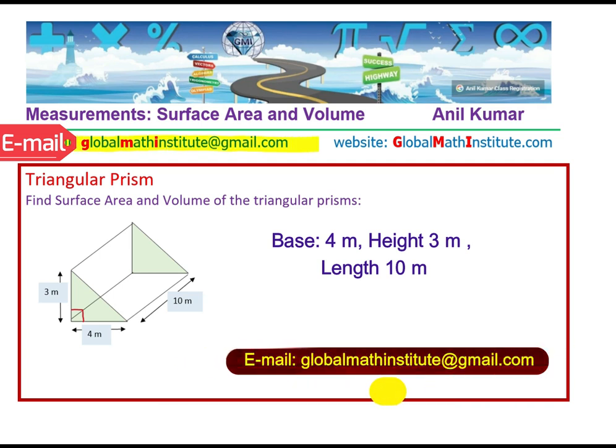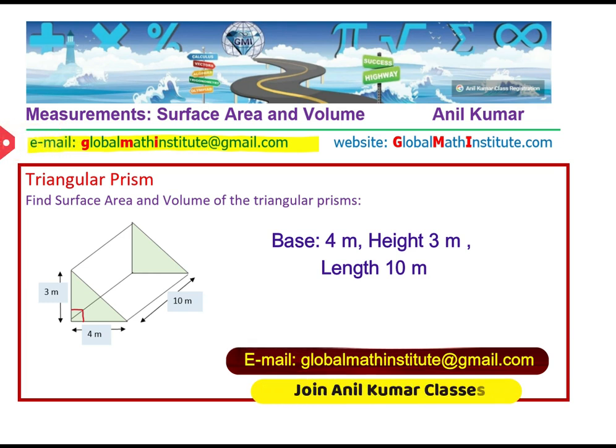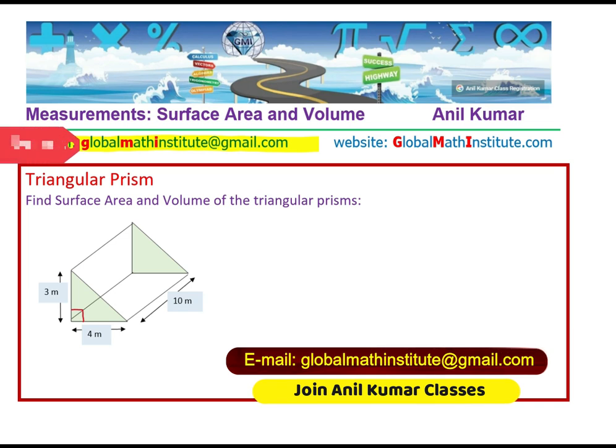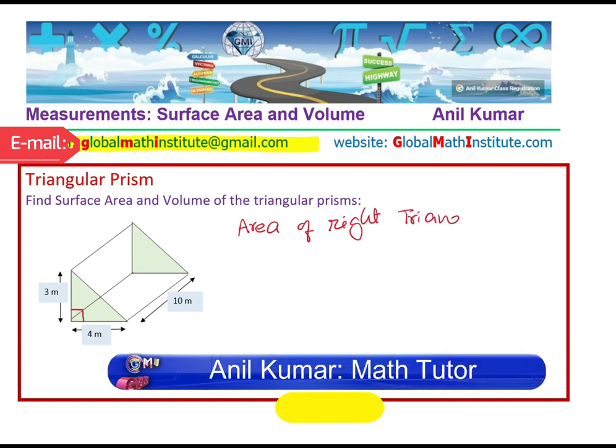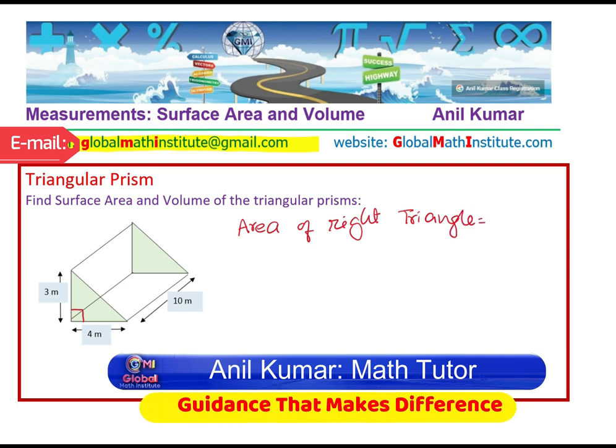Now, in this triangle, we can definitely find the area of the triangle and the length. So, if it is a right angle triangle, what is the area of the triangle? Area of right triangle is half base into height, half of base times height, correct?